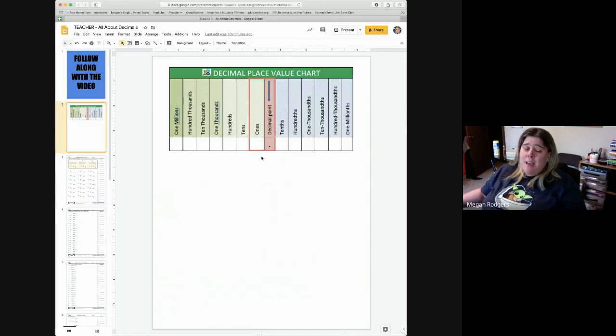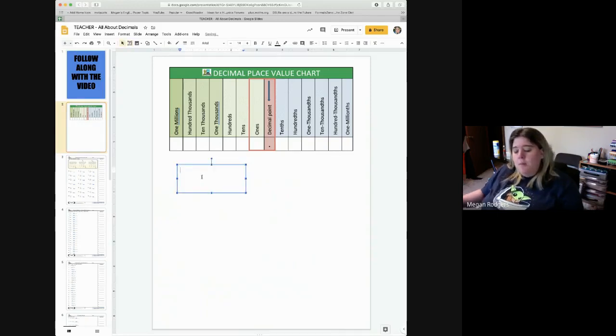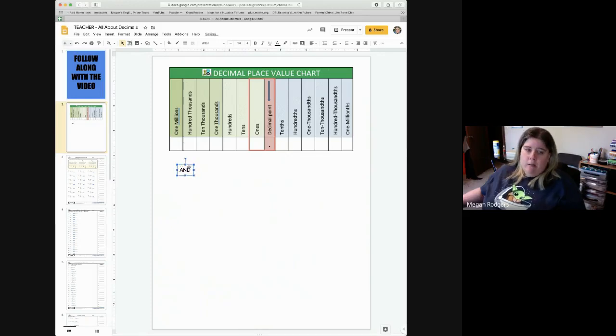What is going to be kind of funny is when you get into the crime scene, you're going to see that our criminal's name is Don't Say Point, because we're not going to say point when we come to that decimal point. So if you remembered, good job. But if you remember, our decimal point, his name is "and." So whenever you get to the decimal point in a number, you say "and."